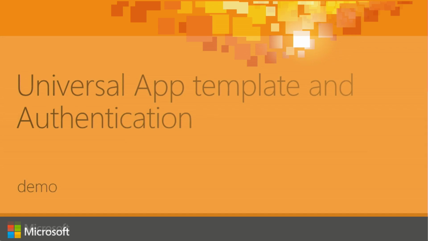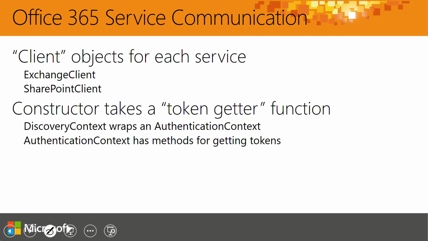All right. So how do we go about doing this communication back to the Office 365 stuff? Well, we get a token that allows us to communicate with Exchange or SharePoint or whatever we need. We can have a number of different endpoints that we can authenticate against.